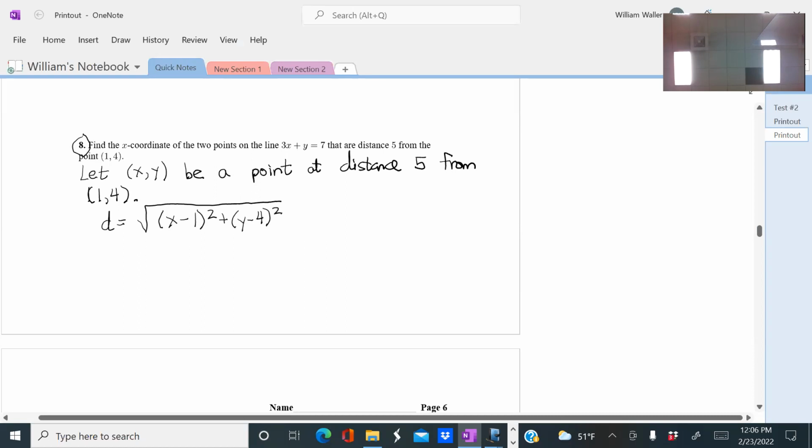So there's the distance from my unknown point, which is actually going to end up being 2 of them, down to this point (1, 4). Now, however, this d is not unknown, because what do I want this distance to be? 5. So you don't really need the d there, because you know you want this distance to be 5.